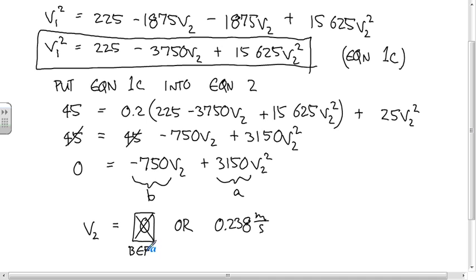So we're going to reject that one, and that means this is the answer. After the collision, the person's velocity is 0.238 meters per second. That's twice as fast as the person's velocity when he caught the ball. Any questions about that?